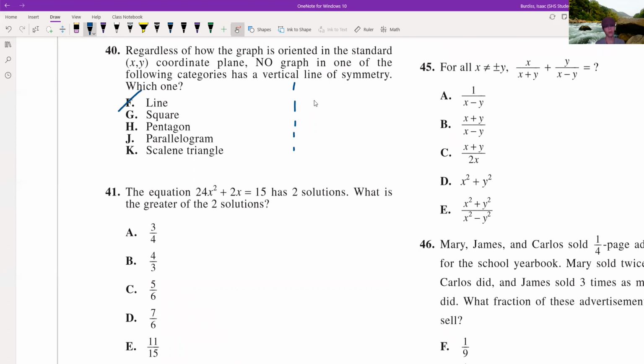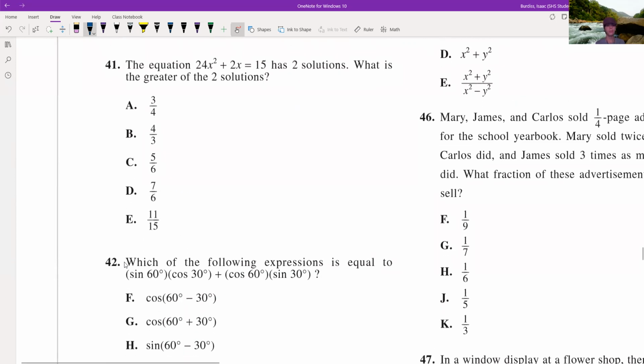Square, we know that would have symmetry. Pentagon, yes, that would have symmetry. Parallelogram, that could have symmetry. Scalene triangle, that could be any weird shape because it has different sides, so that's what it is.